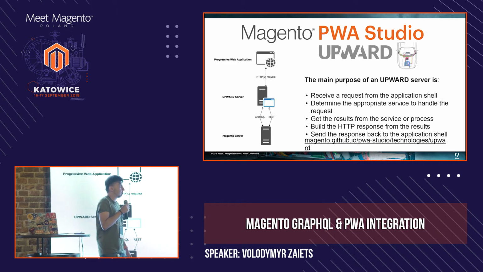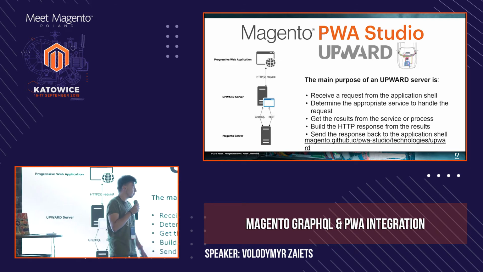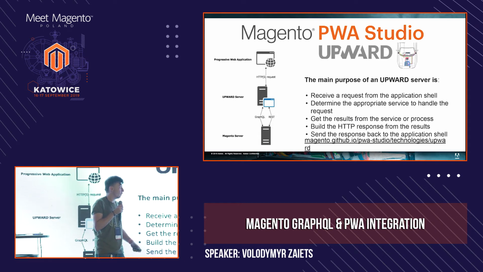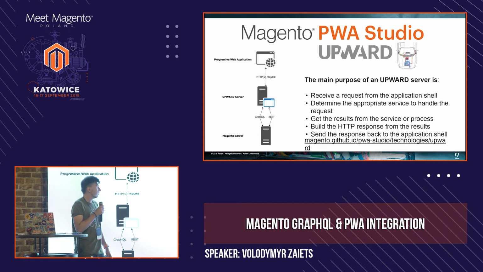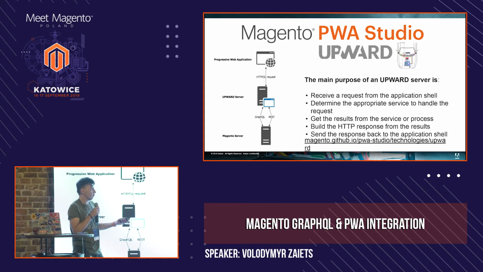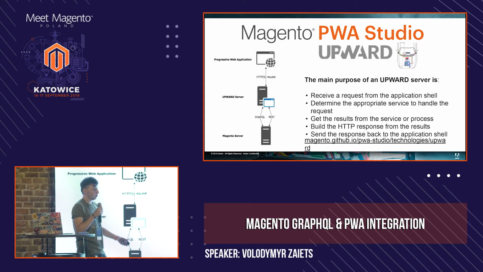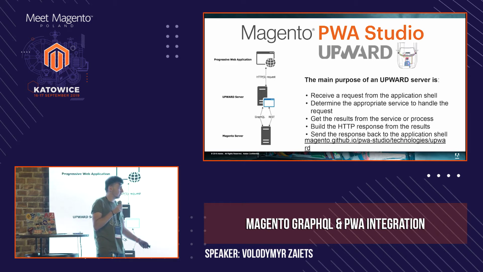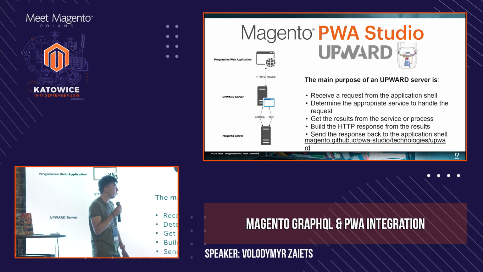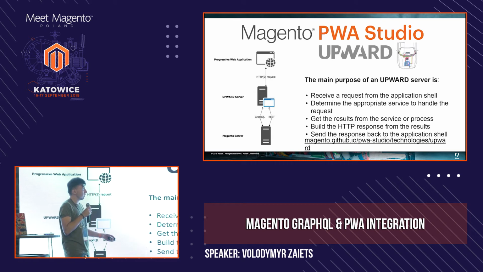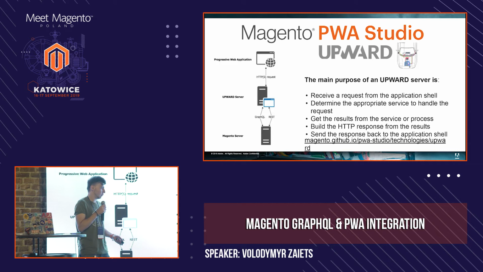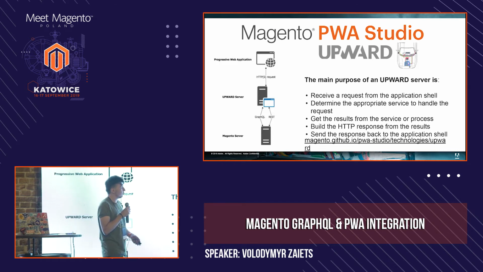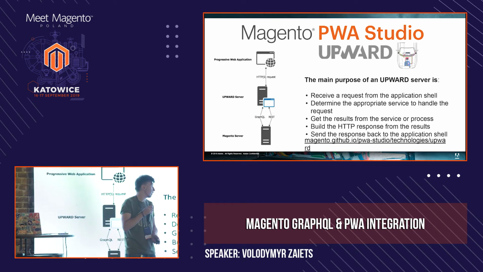The main goal of Upward is to create a unified place for all APIs that the PWA application uses. All API configuration, like response and request mapping, is placed in just one YAML configuration file. You can install the Upward server via an npm package, like from Node Package Manager, or as a PHP server via Composer installation.